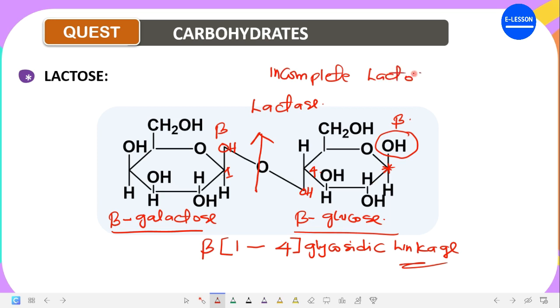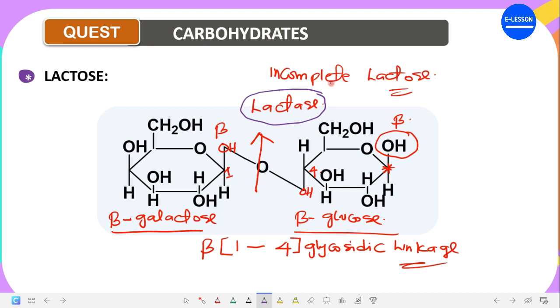Because before lactose can be digested by the human body, in the intestine, first of all, lactose must be broken down into galactose and glucose. Are you getting it? So lactose intolerance is when the enzyme lactase is unable to break down lactose into galactose and glucose, thereby leading to incomplete digestion of lactose.